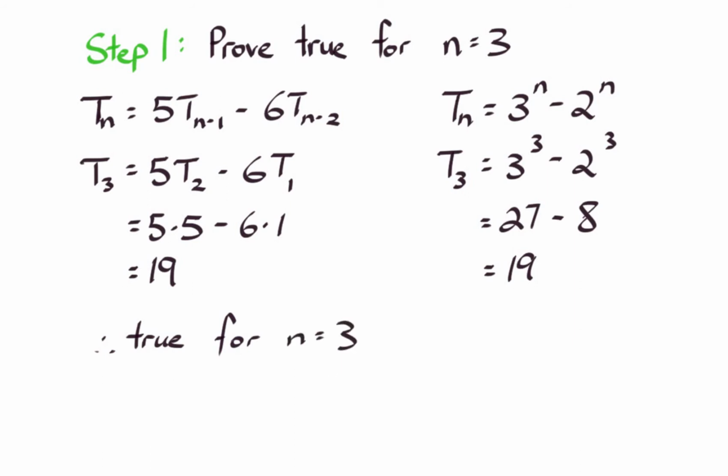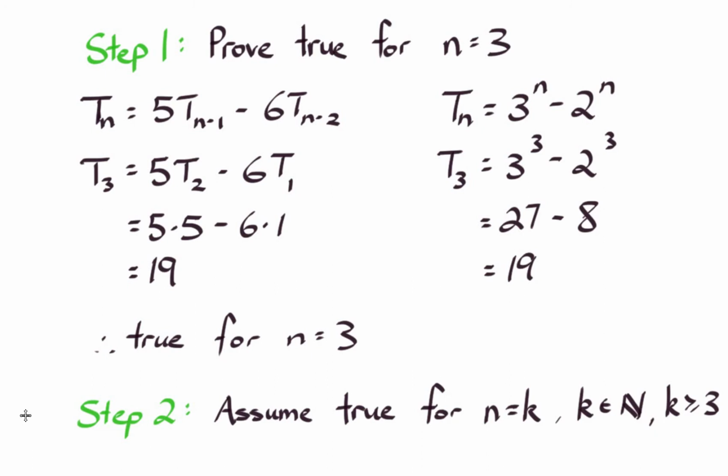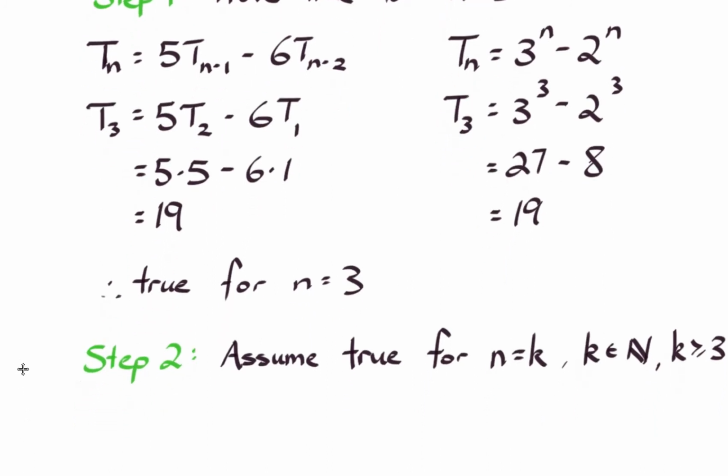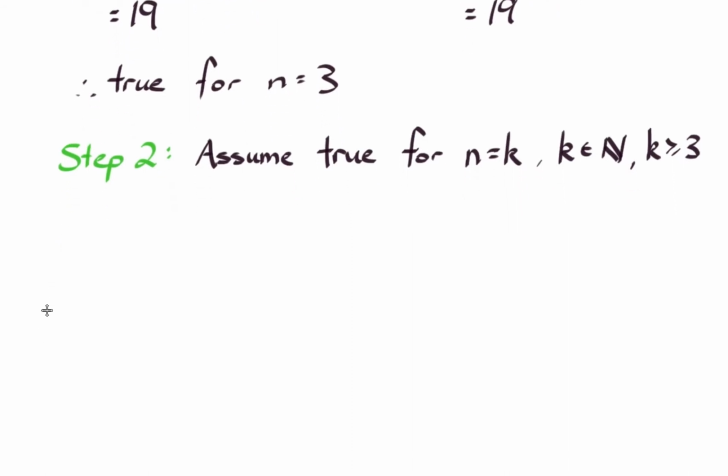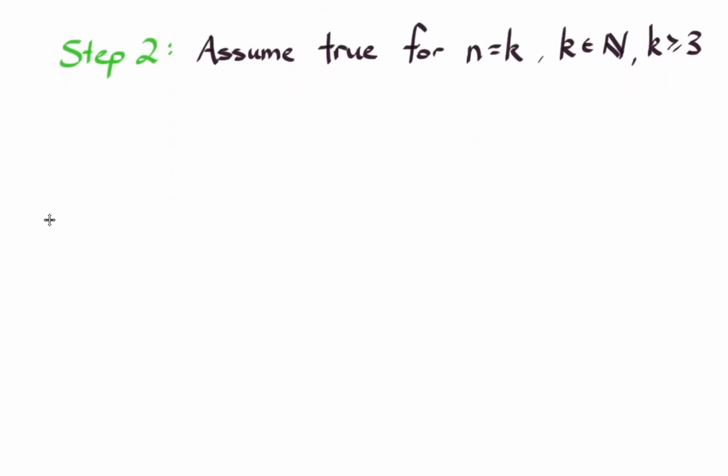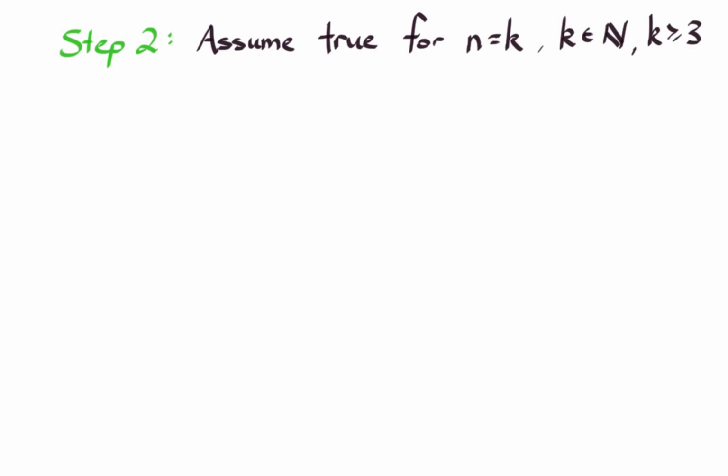Alright, step 2. Assume true for n equals k. K must also be a natural number, and just like n, k must be greater than or equal to 3. So what are we saying?